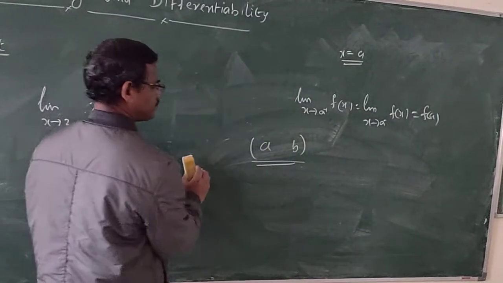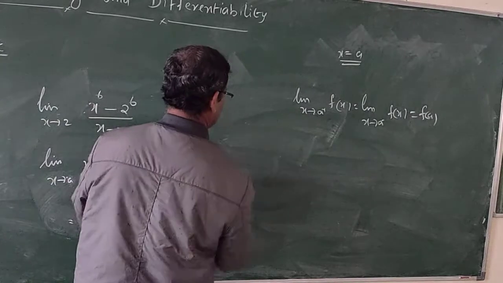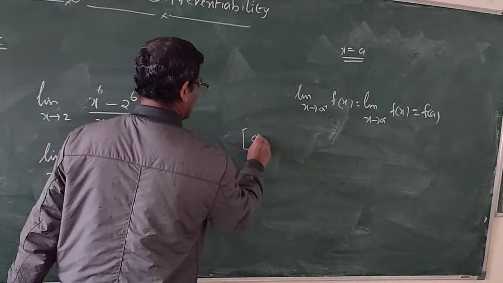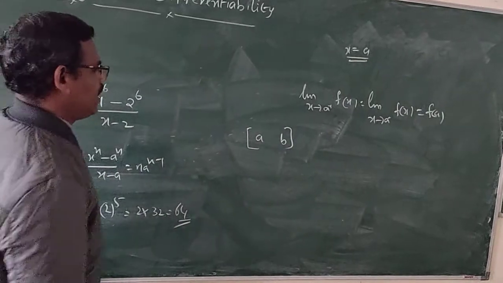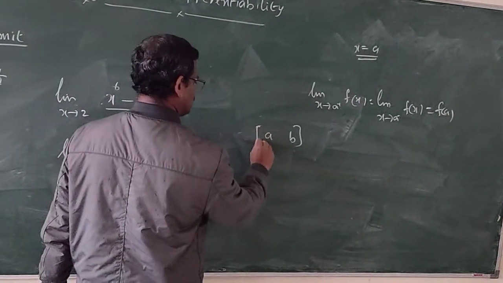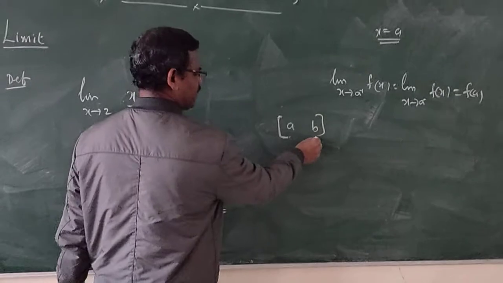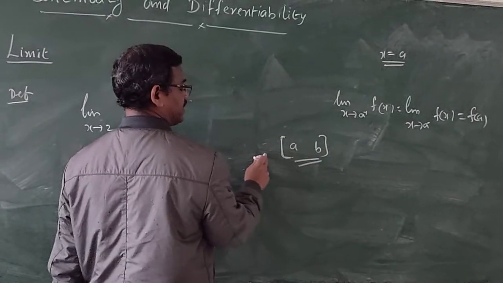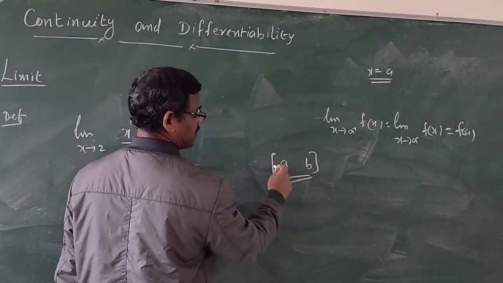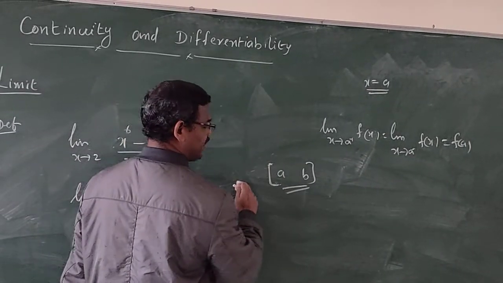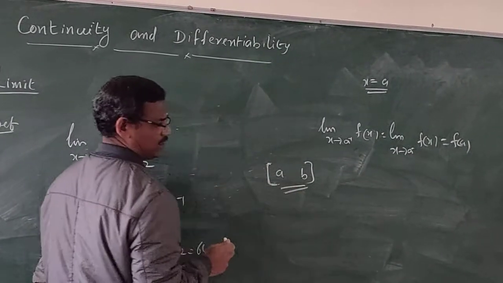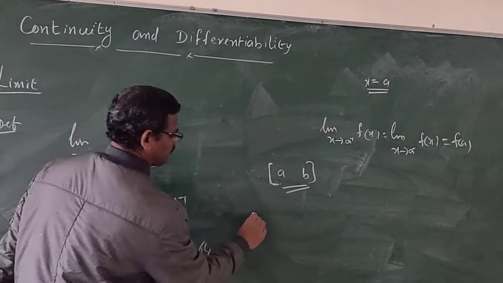Now the continuity in the closed interval, say [a, b]. If you want to check the continuity of this function, the definition is the same. A function is said to be continuous in this closed interval if it is continuous at every point of this interval. Now here one question comes.